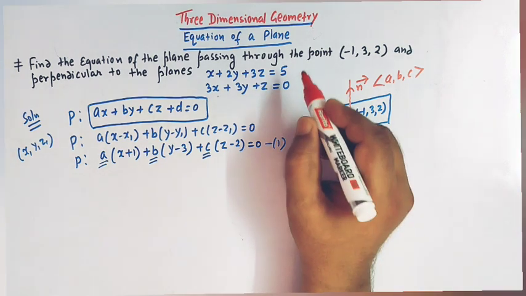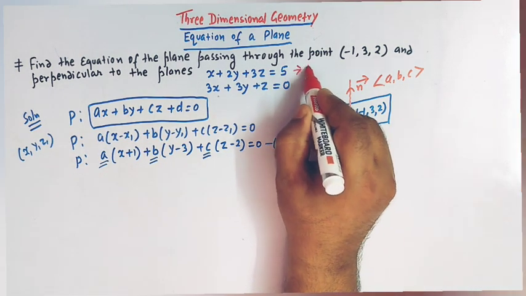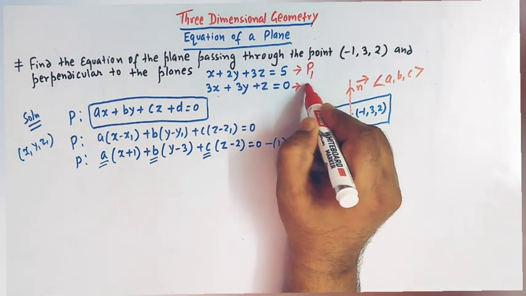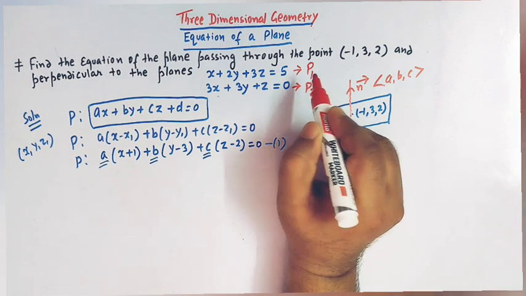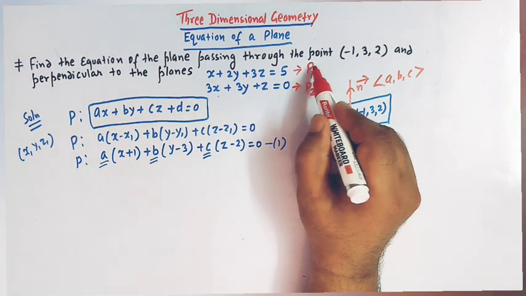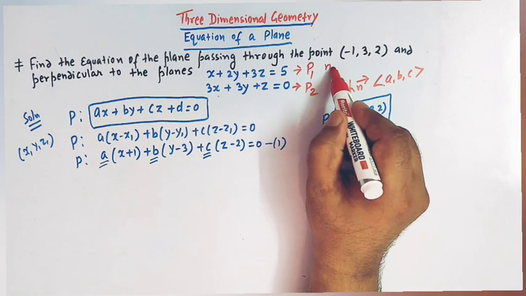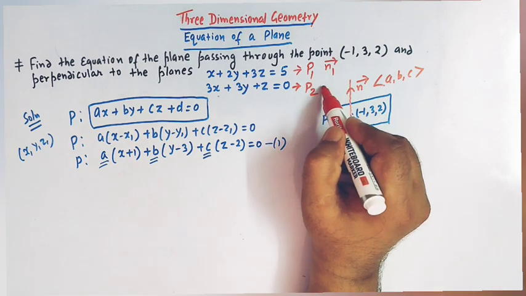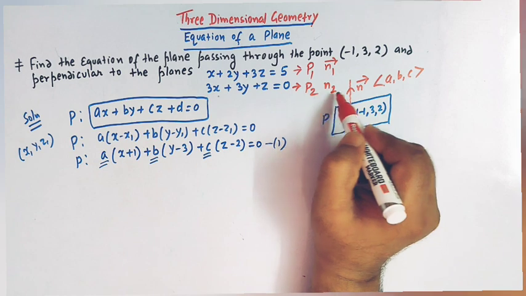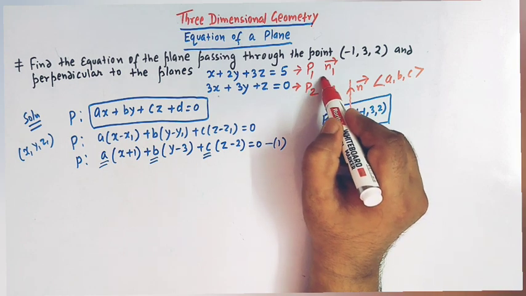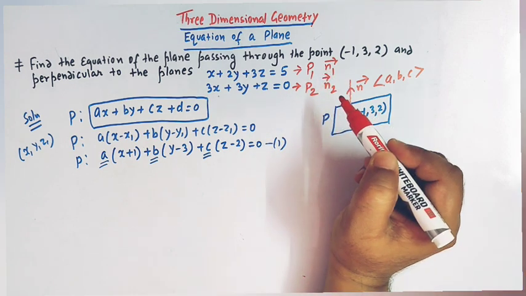Now let us call this plane as P1 and this plane as P2, right? The normal vector to plane P1 is denoted by vector n1, and the normal vector to plane P2 is denoted by n2, right?